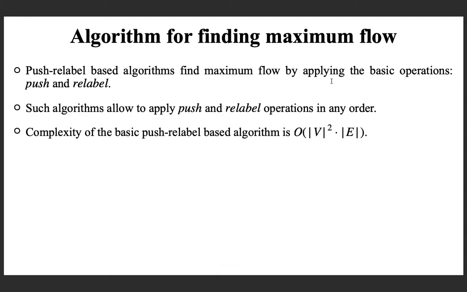And the complexity of the generic push relabel based algorithm is upper bounded by the square of the number of vertices multiplied by the number of edges. Note that in a dense network, where a large number of edges are there, edges can be in the order of the square of the number of vertices. If there are n vertices, then n into n minus 1 by 2 edges are possible.